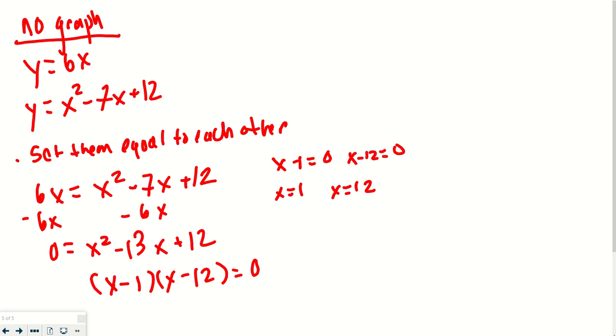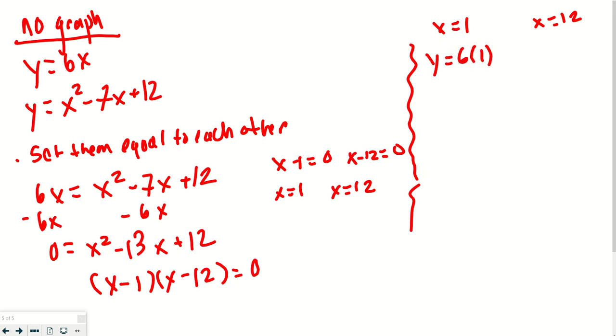So, to me, this would be easier to plug into the 6x. So let's do that. So we'll put this to the side. We're going to plug in x equals 1 and x equals 12 into the linear equation. So now we have y equals 6 times 1. So y equals 6. So then that means at (1, 6) is one solution to the nonlinear system of equations.